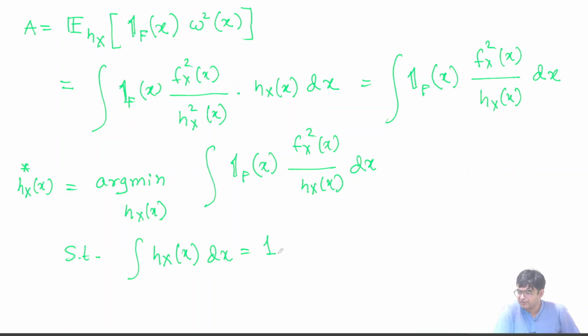The obvious step in constrained optimization? Lagrangian. I will use the Lagrangian and convert the constrained optimization into an unconstrained optimization. So using Lagrange's multiplier, what do I end up with?